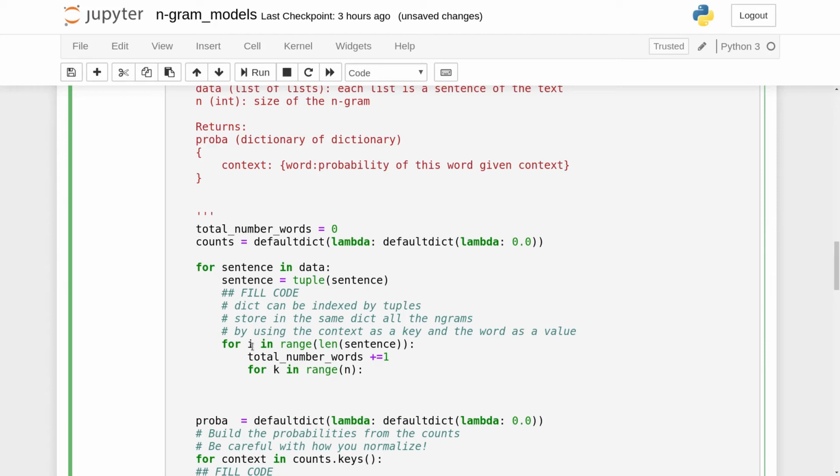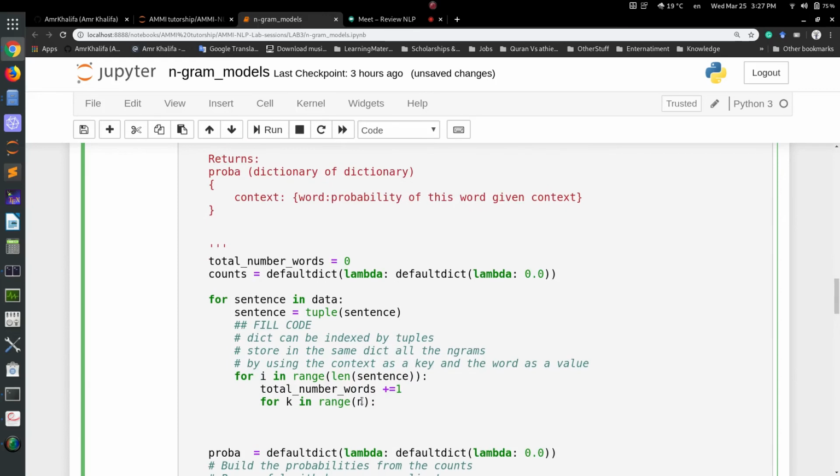Okay, because we're going to use the backoff counts. Here is the dictionary that maps each context to a dictionary, so it's the same as the probability dictionary, but instead of the probability of the word given the context, we have the count of the word. So the probability dictionary is going to be the same as the count dictionary after we divide by the number of words, to convert into probabilities.